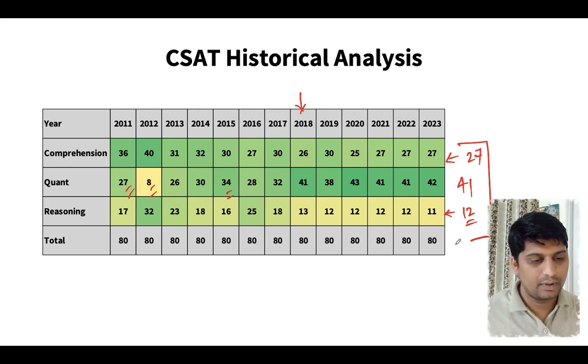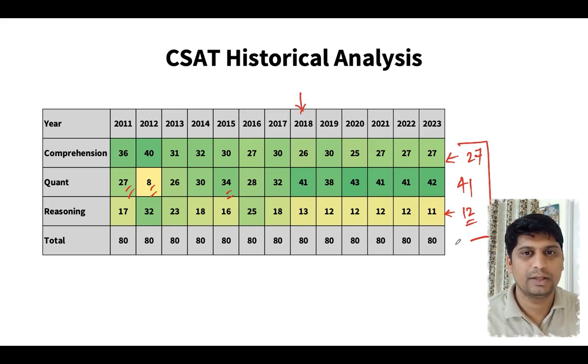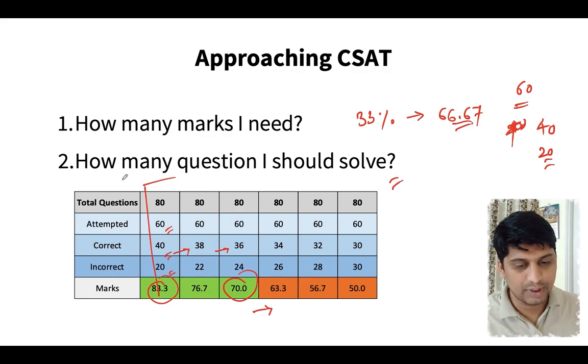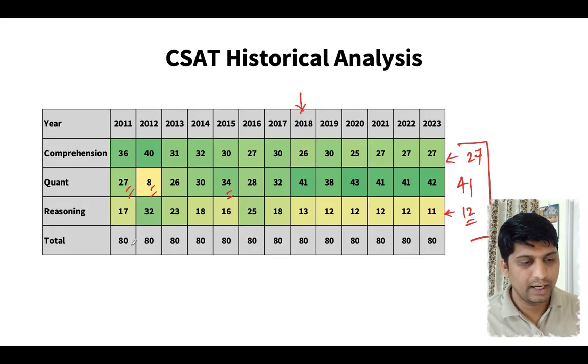Now what next is, as we discussed before, we need to attempt 60 questions, and we need to get 40 correct from those 60. Those 60 are going to come from these three sections. To do that, we should know our strength and our weakness.